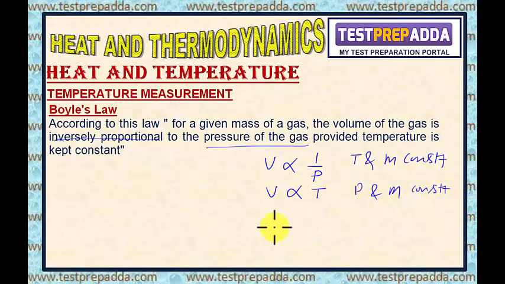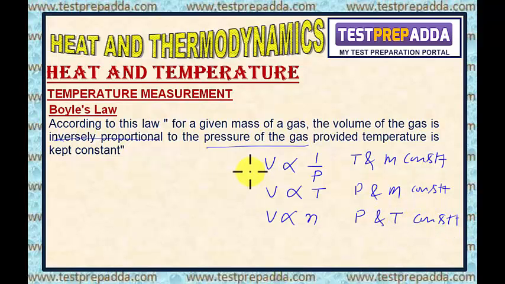And there is one more law, Avogadro's law, which says equal volumes of all gases contain the same number of molecules or the same number of moles under identical conditions of pressure and temperature. So volume is proportional to number of moles if pressure and temperature are kept constant.